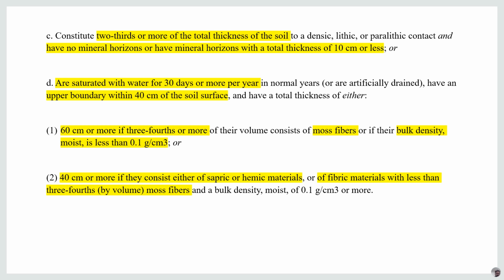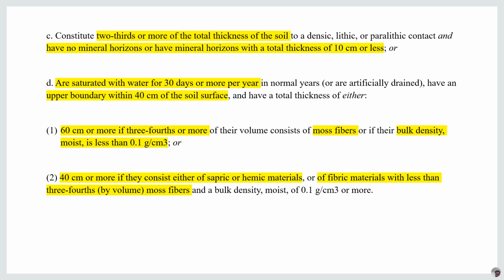Okay, so if these organic materials cover a densic, a lithic, or a paralithic contact, so layers and horizons which express an incipient weathering, if I can find these organic materials covering these horizons and layers, these organic materials should comprise at least 2/3 of the total thickness of the soil.